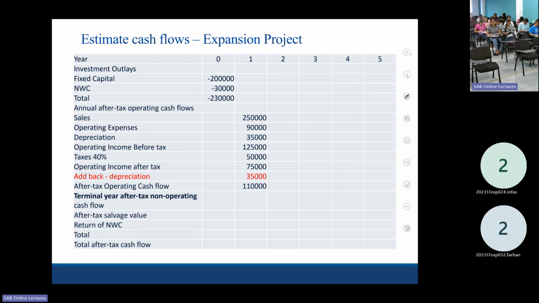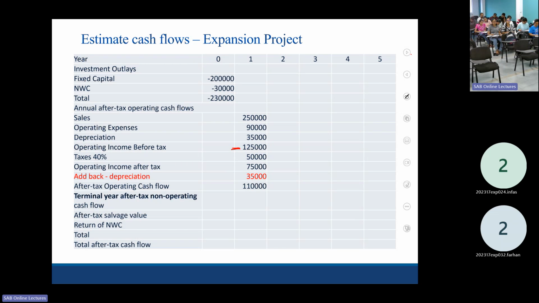Depreciation is not a cash item. We deduct the depreciation to work out the taxable income, operating profit before tax. So then you will get the tax at 40%, 50,000. So then operating profit after tax is 75,000. So you have to add back depreciation.